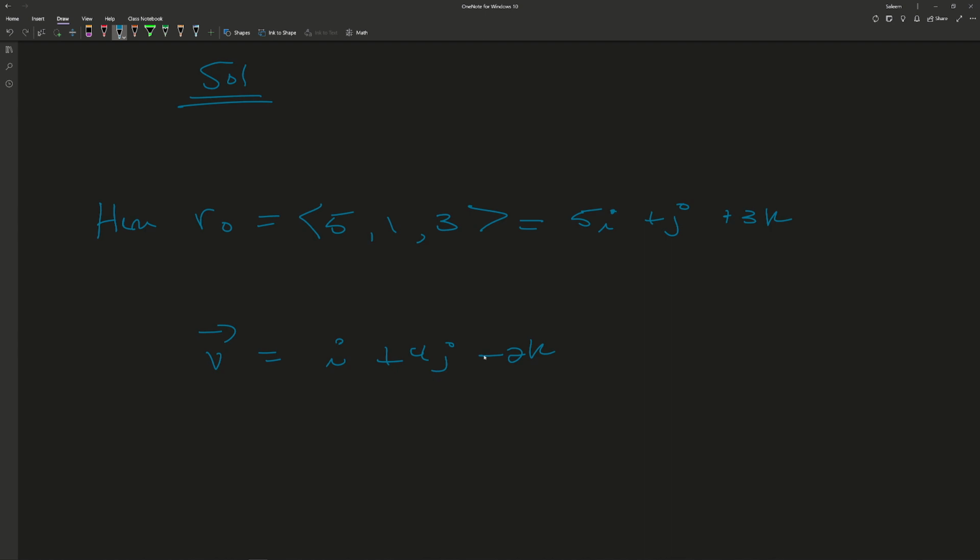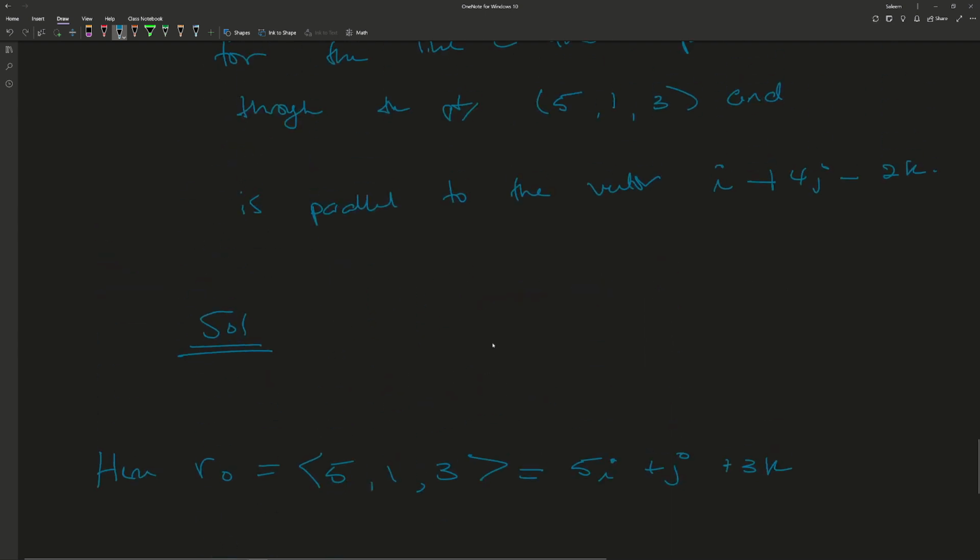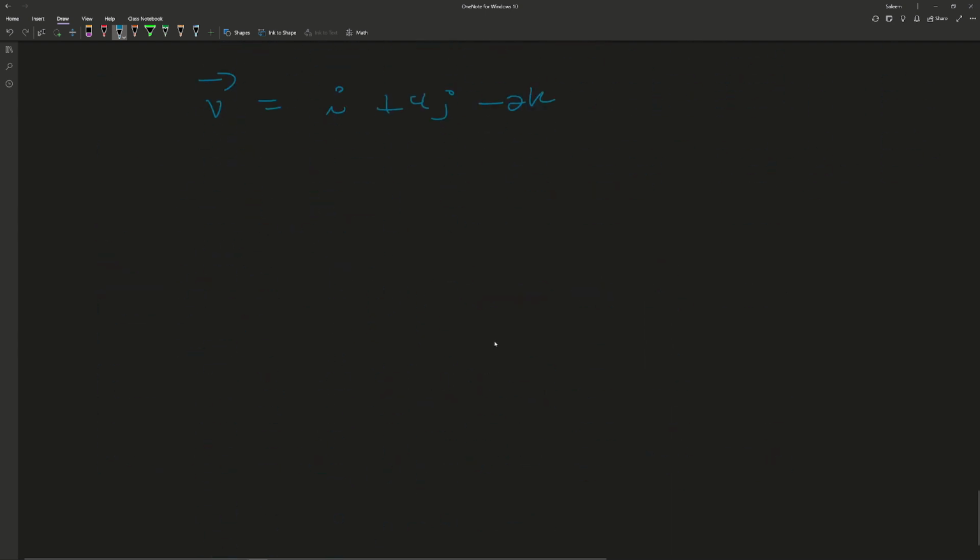So therefore, my equation using my scalar t becomes r equal to 5i plus j plus 3k plus t times (i plus 4j minus 2k).